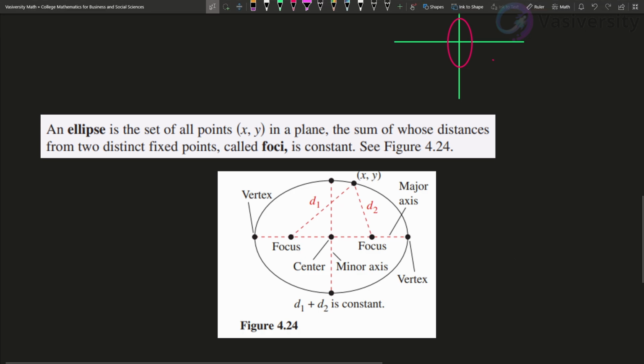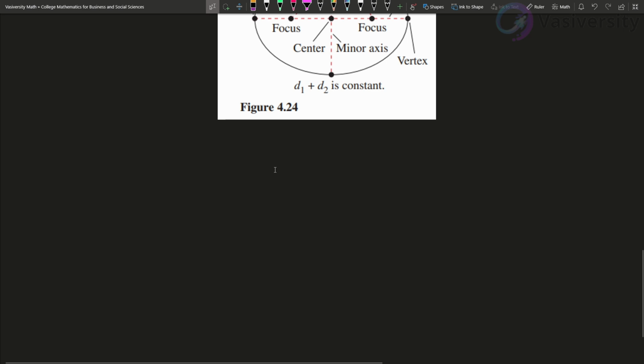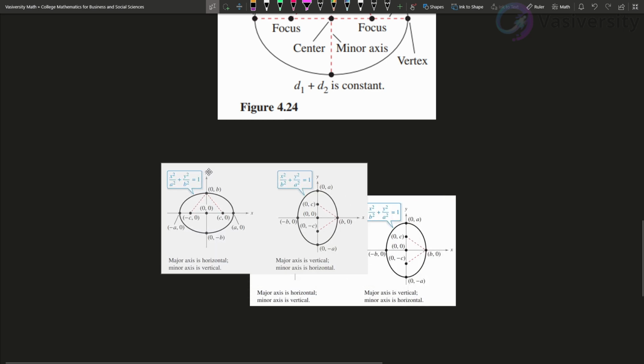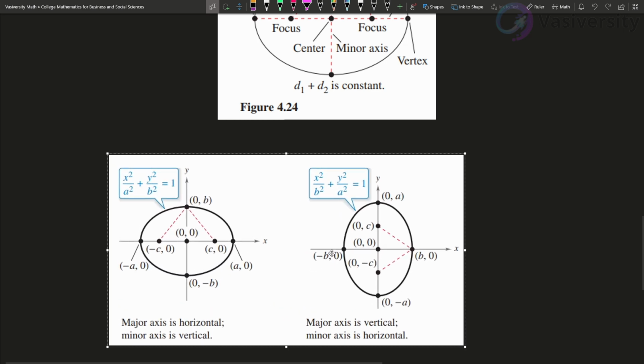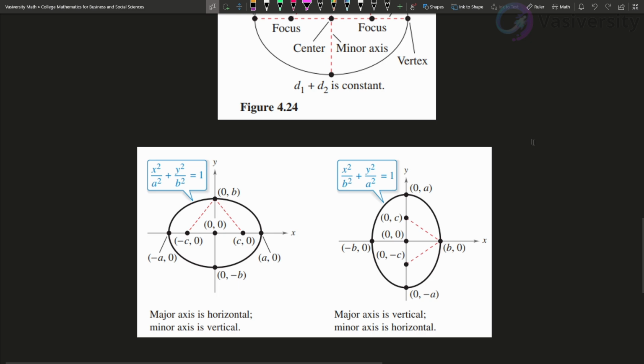Okay, so let's demonstrate it with the previous two examples I showed. We can also ask, how would the axis differ and how would the equation differ? We'll give it a perfect example here. So we're assuming that we are centered at 0, 0, right, at the center of the axes. And we're looking at the major axis, which is horizontal in this case, and in the other case the major axis is going to be the y.